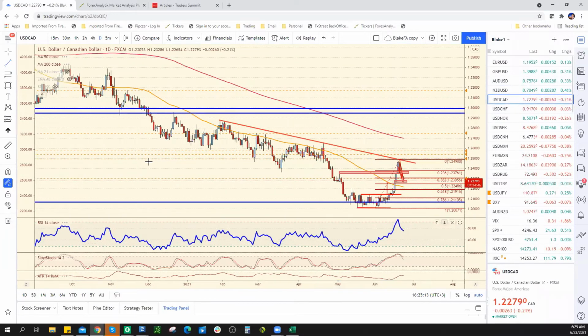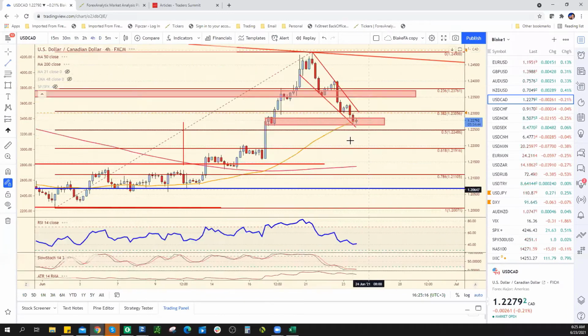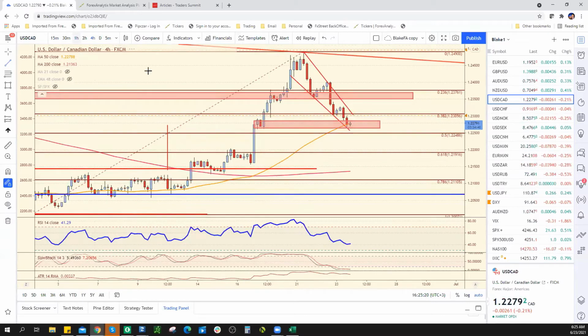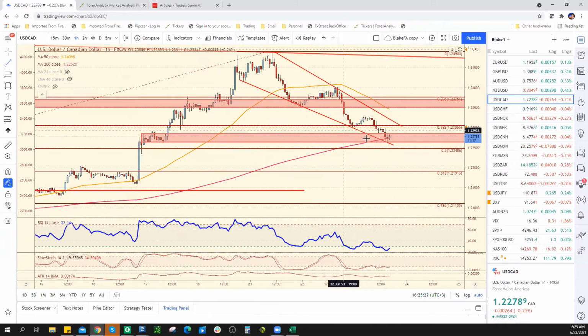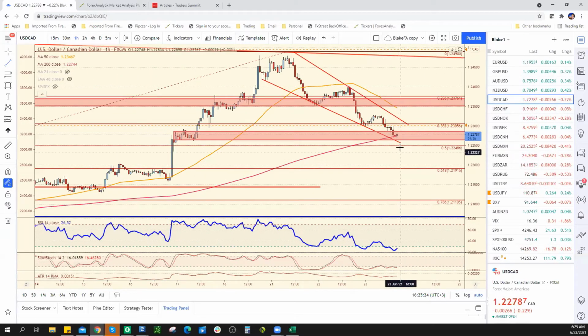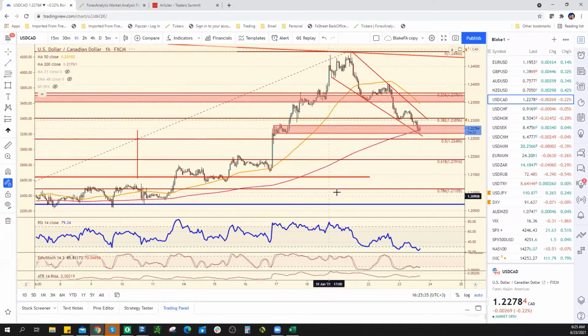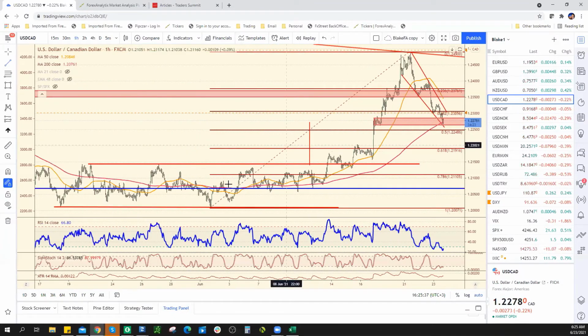Dollar Canadian. The dollar Canadian's like a lot of these currencies, you can see this wedge that's playing. Here's your hourly. We're just skating across the bottom of this wedge. 50% retracement comes in at 122.50. Also, double bottom, right?